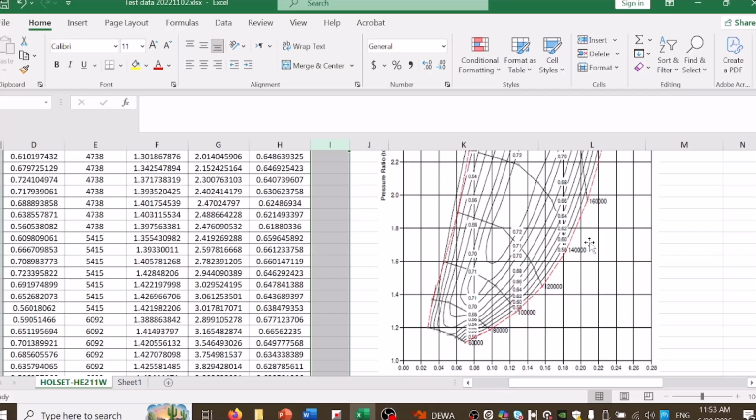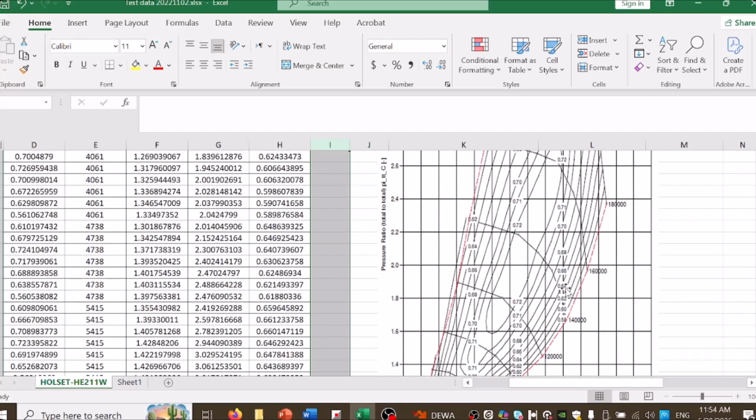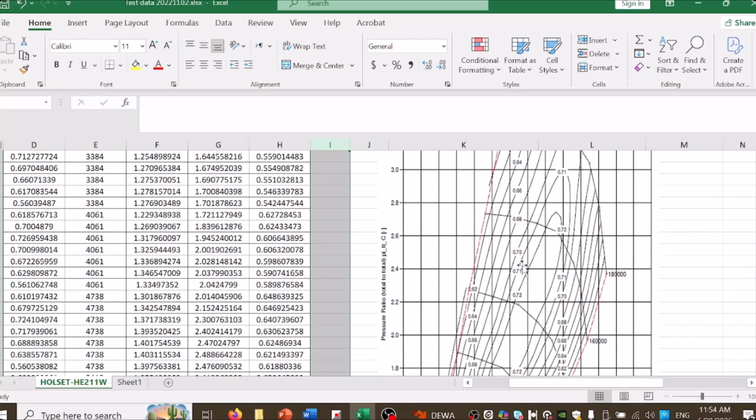But the ideal operating area, the best operating region, is usually away from surge, away from choke, inside the higher efficiency island, not too close to the maximum speed lines. So in most cases, the middle area of the map is the sweet spot. In summary, how to read the map.